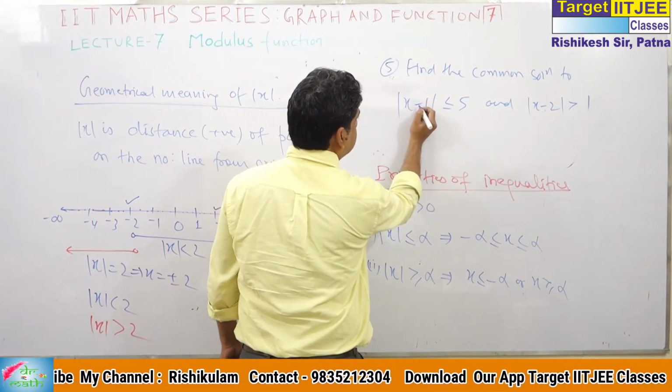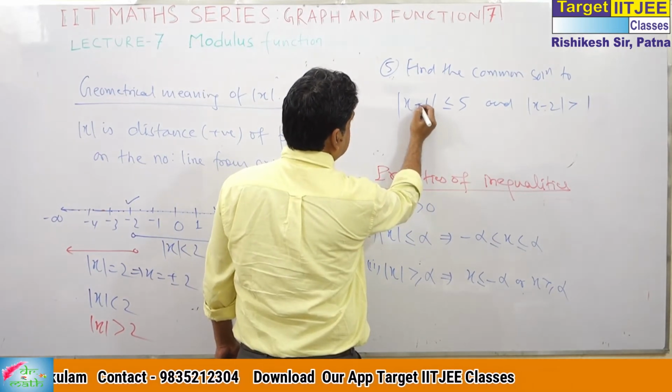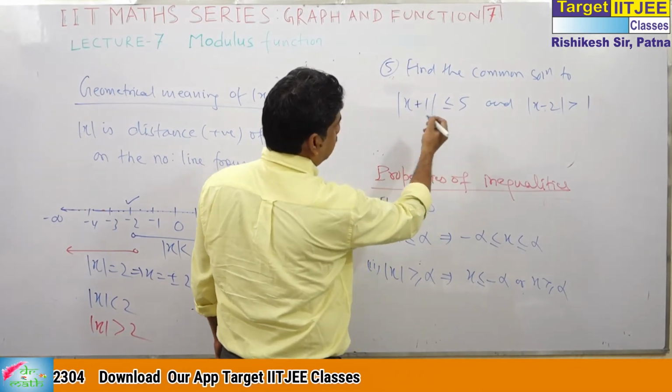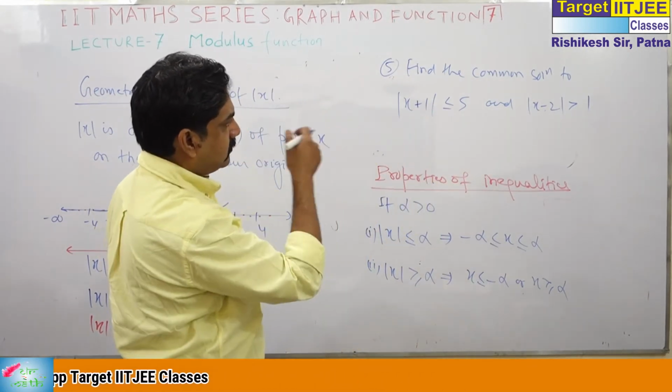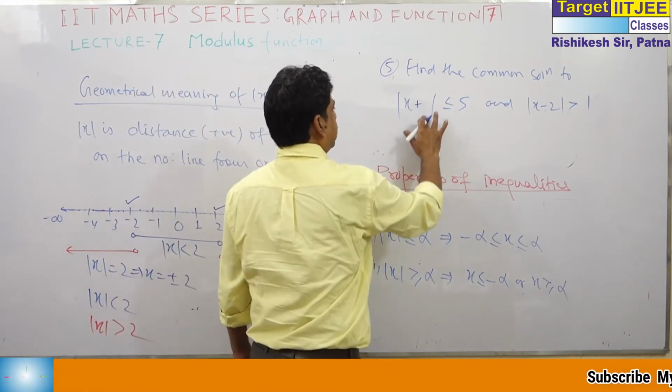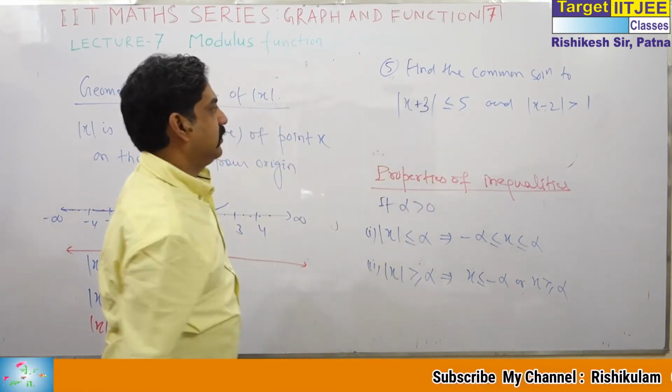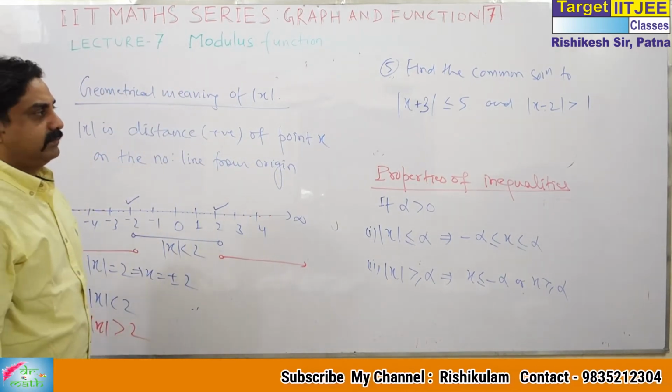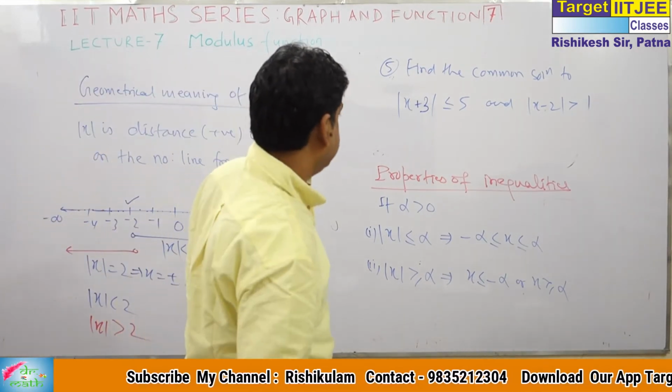Take it as x plus 3, mod x plus 3 less than or equal to 5. Now let me do it.